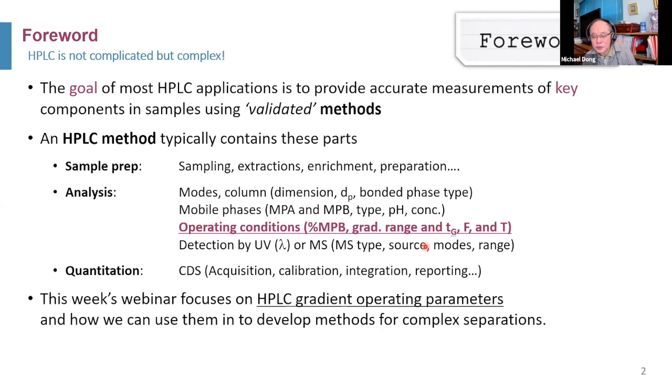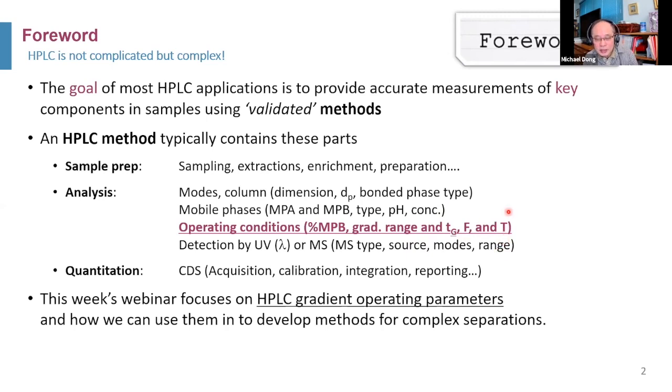Now, this is to assume that you have a simple one segment gradient, which in a lot of cases, you do have. But more and more, we do multi-segment gradients, right? So things can become very complicated, complex. And then you have flow rate and column temperature. Column temperature is kind of like mobile phase temperature. It's what you set the temperature to be.